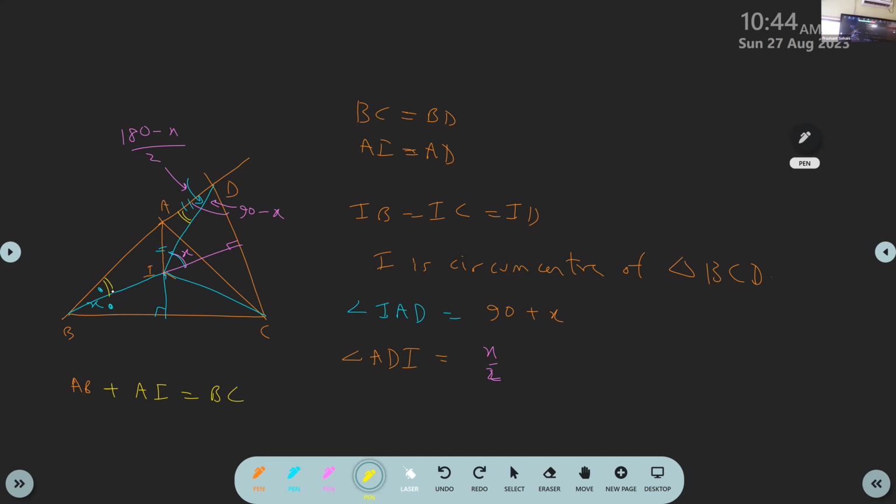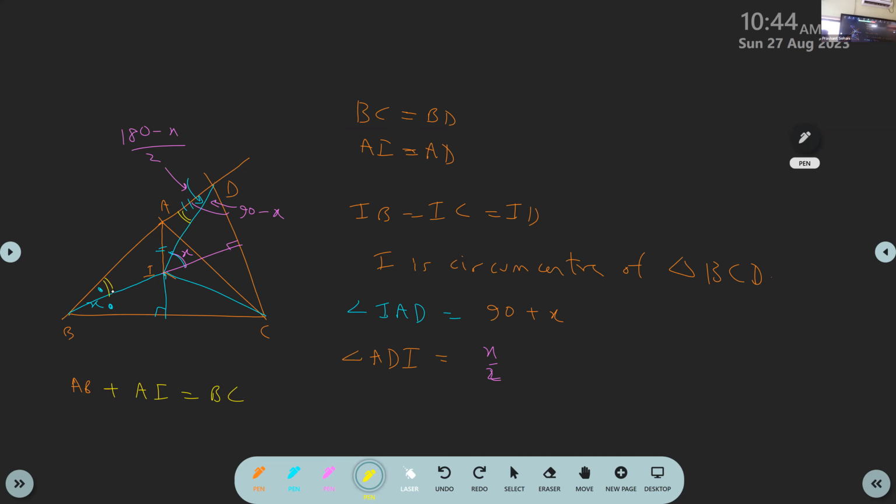You are correct, but where are you getting it? 90 minus x by 2. Yes, Rohan. Sir, will CID equal 2x, and that angle perpendicular? Yes, so find out 90 minus x by 2, you can find AID.